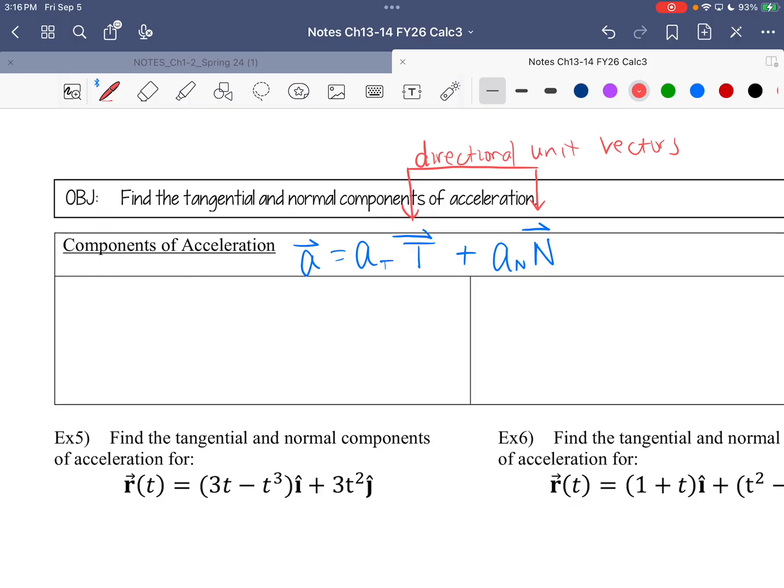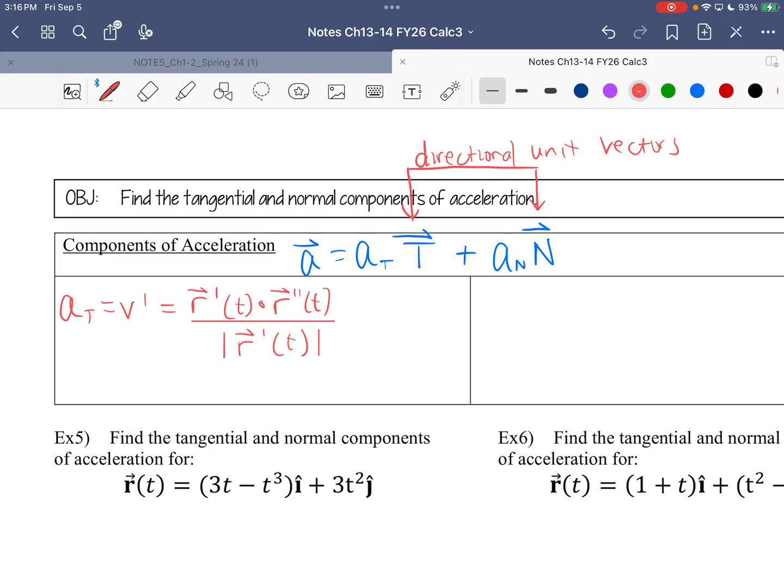So then how do we get AT? A sub t is the derivative of the velocity. So it's going to be r prime dot product r double prime of t, over the magnitude of r prime.